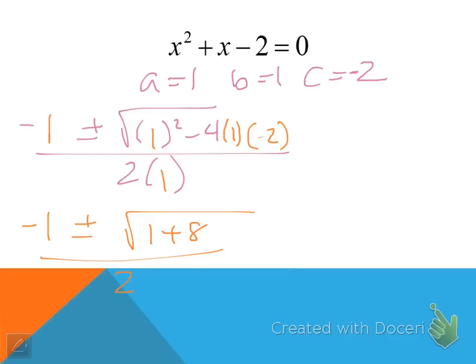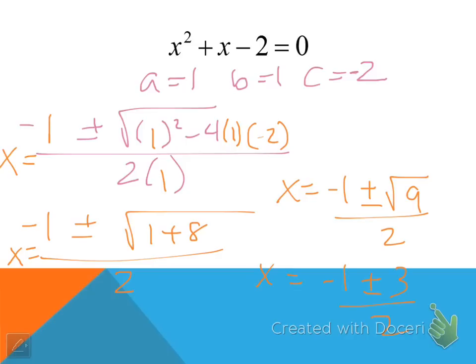Okay, so then this is y equals, or x equals, sorry. Messed that up. It's supposed to be x equals. So then we got x equals negative 1 plus or minus 1 plus 8 is 9. The square root of 9 is 3, so we got plus or minus 3 over 2.